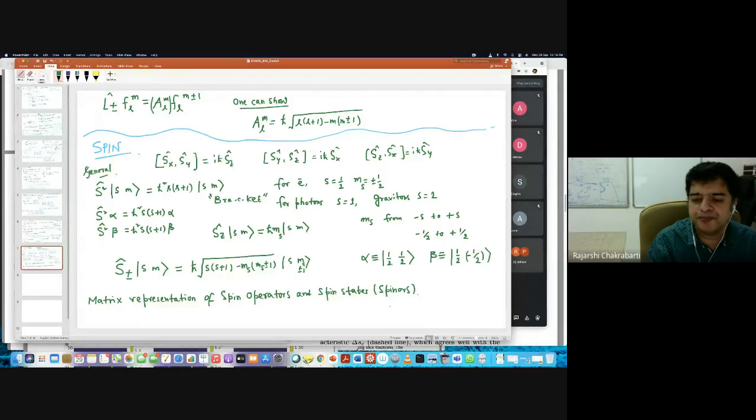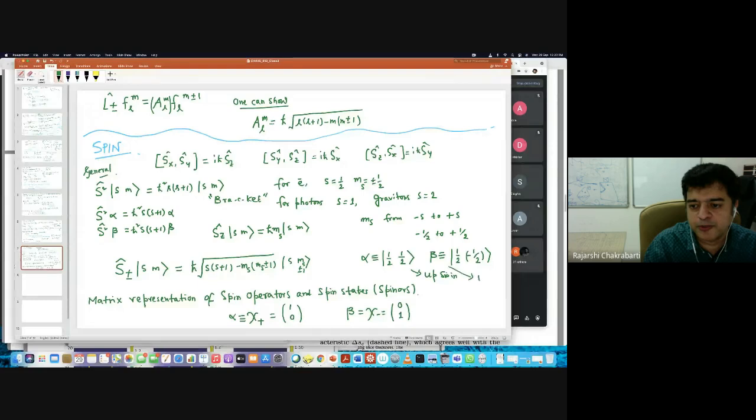This is fine? But you can also have another representation. Your alpha, I'm calling it chi plus, and I'm representing this with a column vector like 1, 0. And your beta, I'm calling it chi minus, representing it with another column vector 0, 1. This is your up spin.